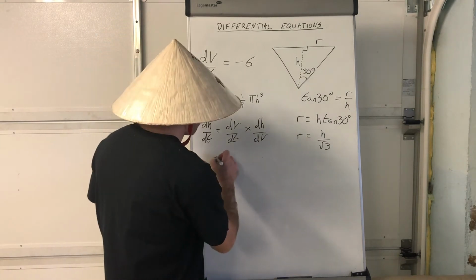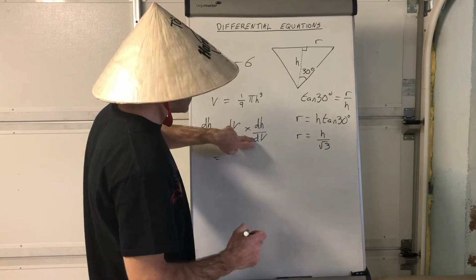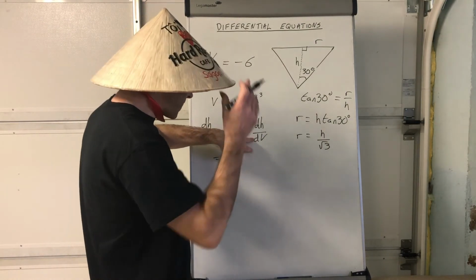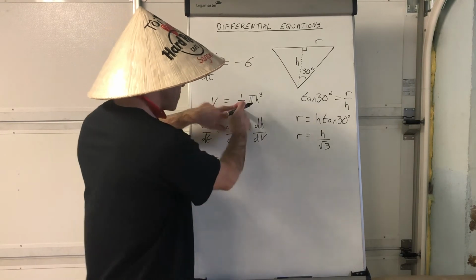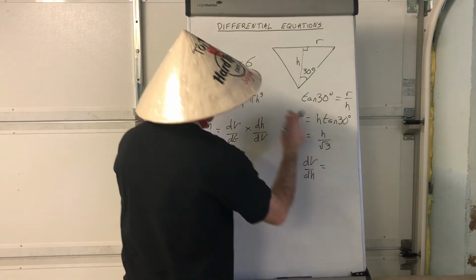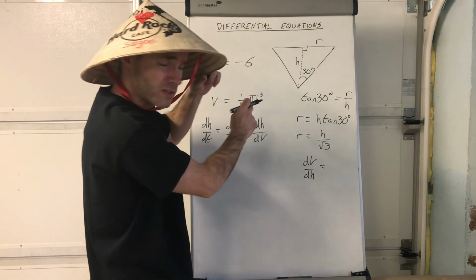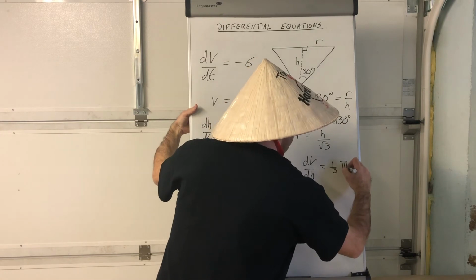So let's see. dV/dt is -6. dH/dV, well, we don't have that, but we can get dV/dH by differentiating V. So dV/dH is going to be 3 times a ninth, which is 1/3, and then pi H squared.